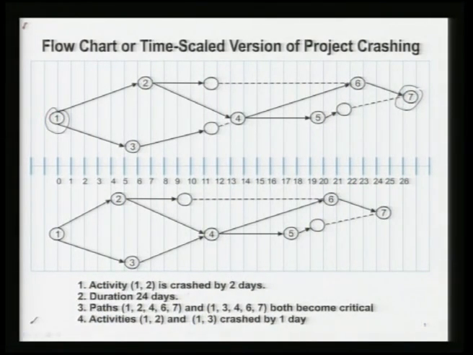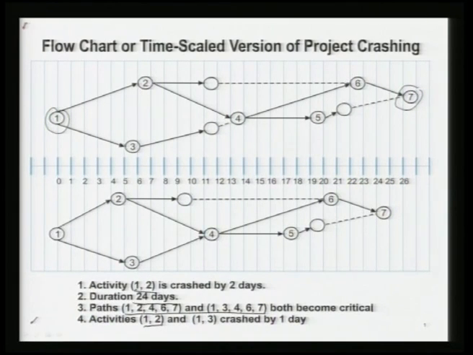Okay. So, activity 1,2 is crashed by 2 days, right. You can see that, and then the project duration becomes 24 days. You can see from here also, right. And then once that happens, paths 1, 2, 4, 6, 7 and 1, 3 both become critical. So, therefore, now we need to crash activities on both the paths, and it turns out that activities 1,2 and 1,3, I have shown you the calculations, have the minimum rate of crashing, and I can crash them by 1 day, because after this you see 1,2 has a slack time of 3 days.